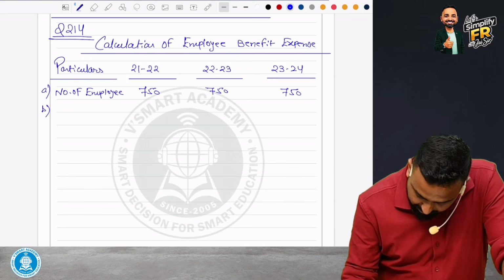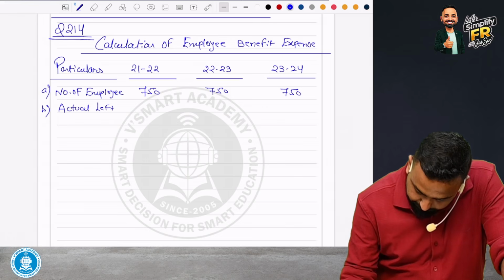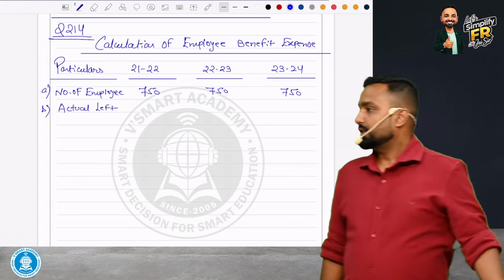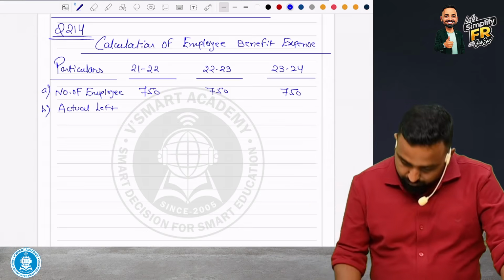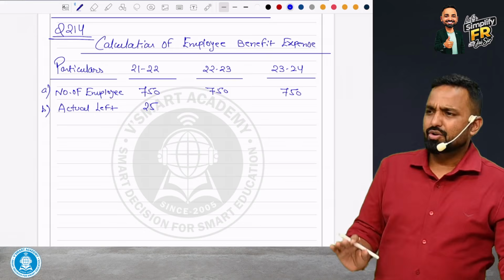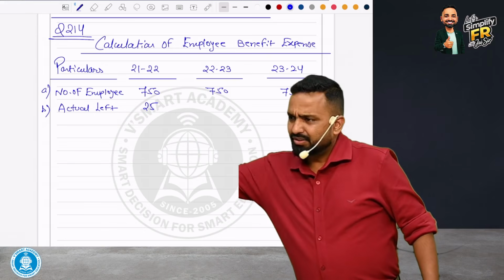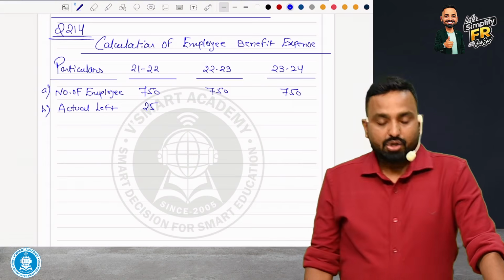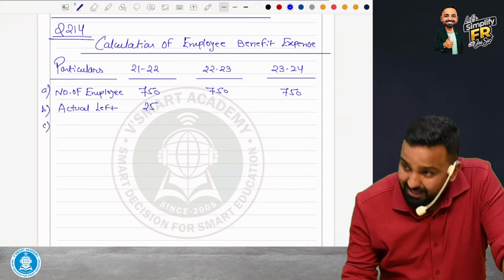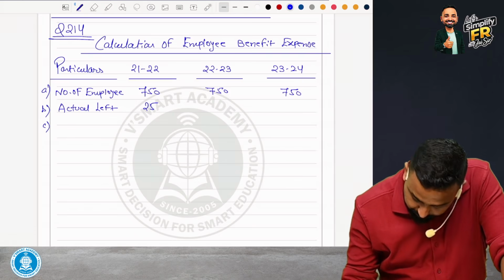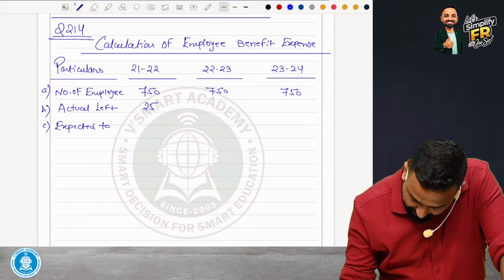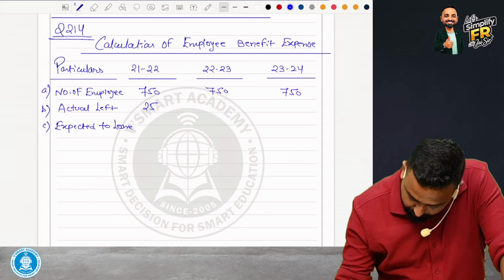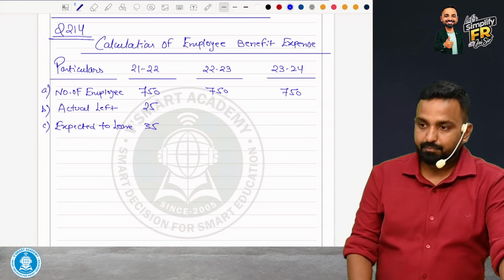Now, please tell me actual left. 25. Let's not do the second and third year, first year only for now. Now tell me expected to leave. 35.